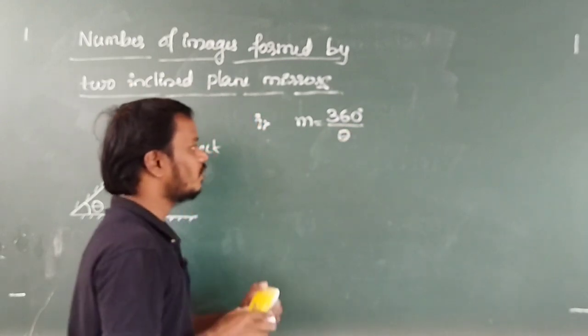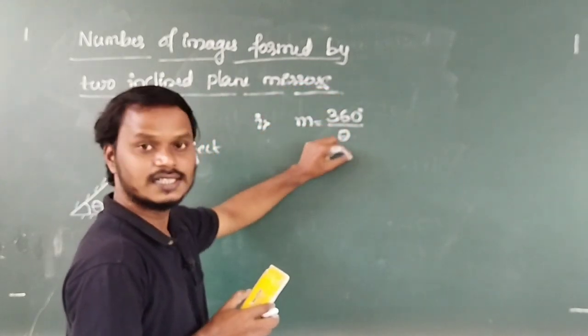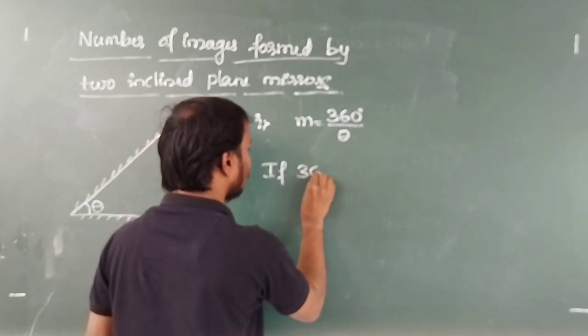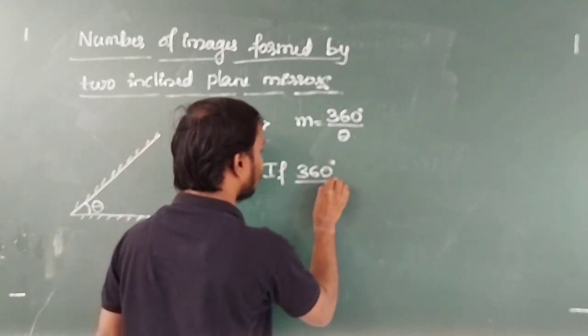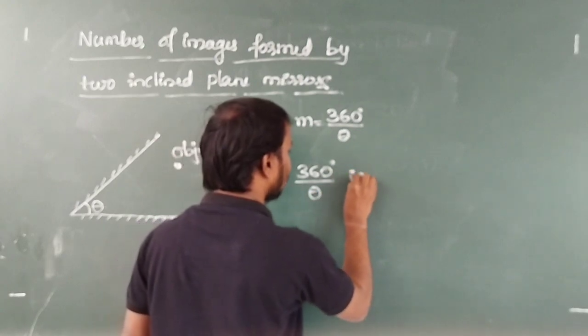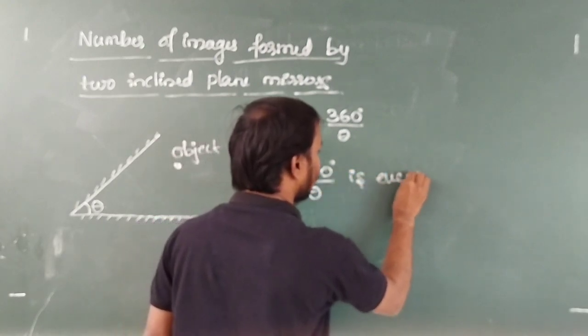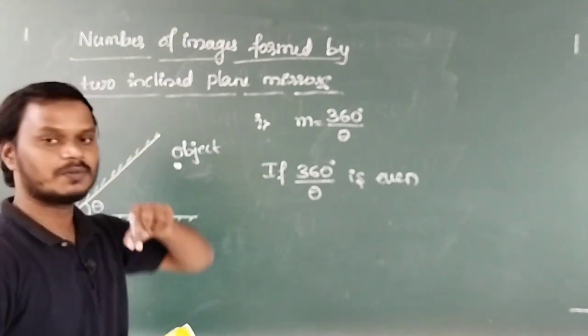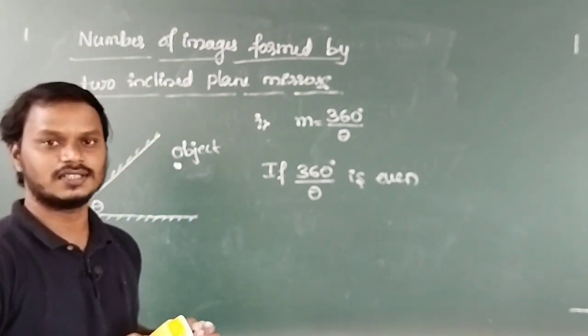If 360 degree by theta, means M, is an even number, then how to find the number of images formed by the two inclined plane mirrors?